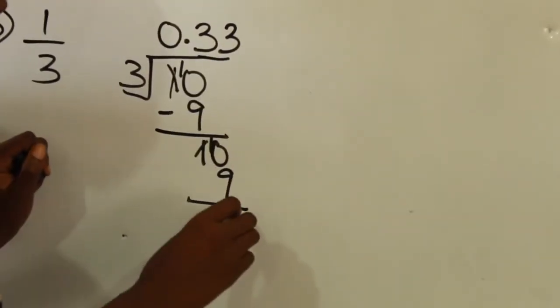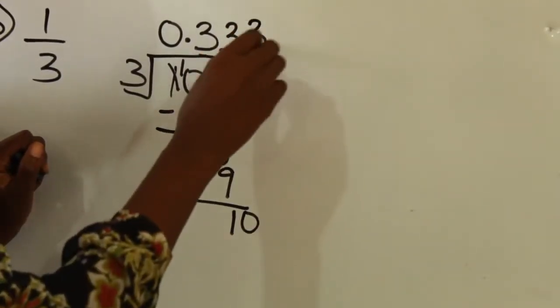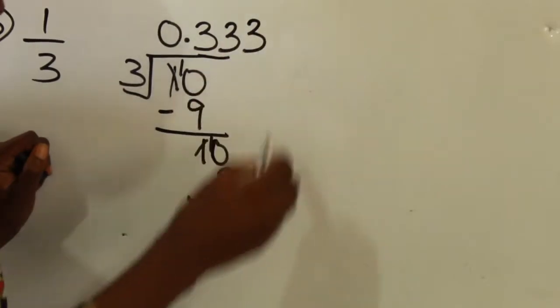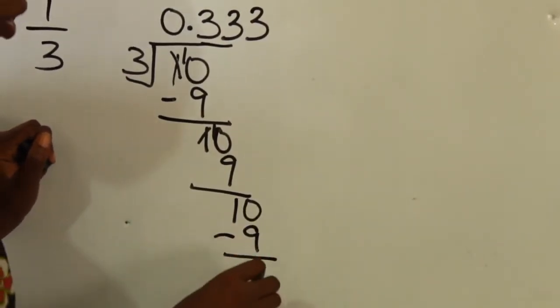There's a decimal point, we still add our 0. 10 divided by 3 is 3. 3 times 3 is equal to 9. And 10 minus 9 is 1.